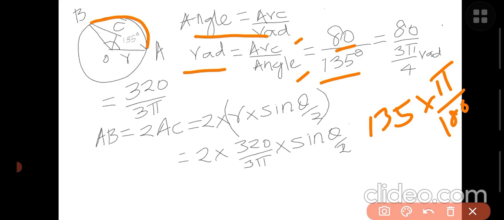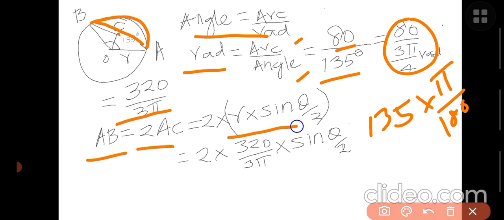The value is given. From this we can find out 320 divided by 3 pi, where AB is the chord, which can be written as 2 times AC. AC, from here to the middle, is written as R times sine theta by 2.